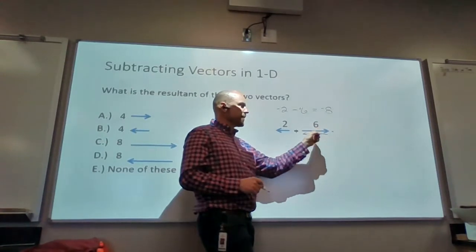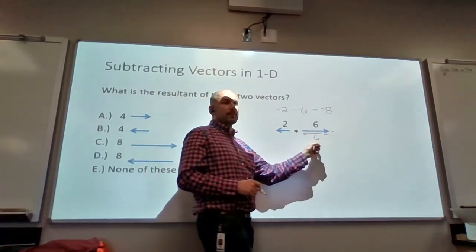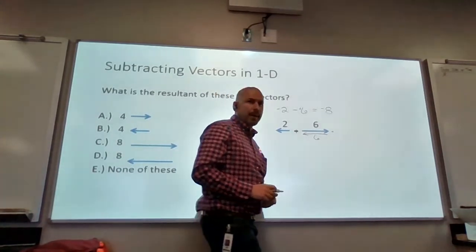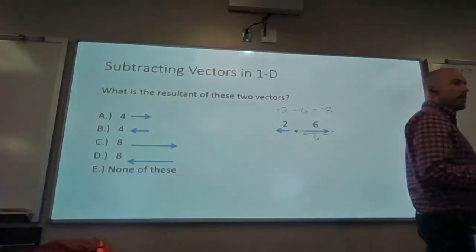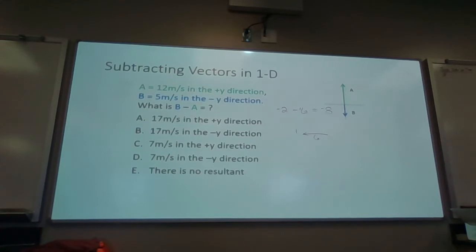The negative flips that, makes it go in the other direction. So I have 2 to the left, a 6 to the left gives you 8 to the left. Good with that? Try that one.